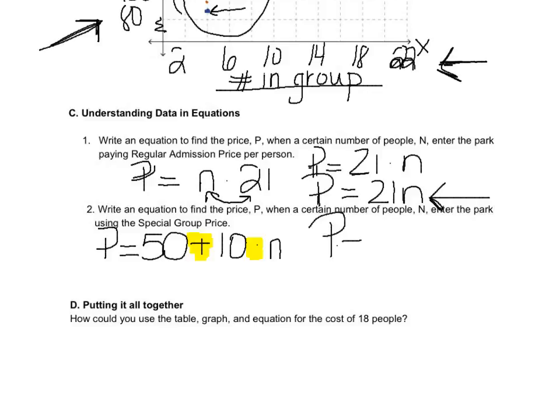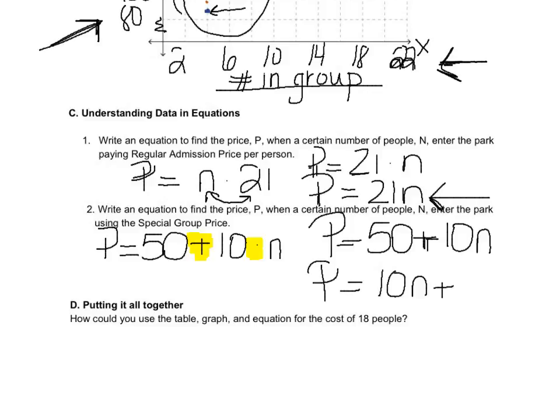So it could be P equals 50 plus 10N, so we avoid using the multiplication sign. You could also use the commutative property and say that's the same thing as 10N plus 50. Because just like with multiplication, in addition, we can flip around the two things that are being added, and it doesn't change the final outcome or the value.